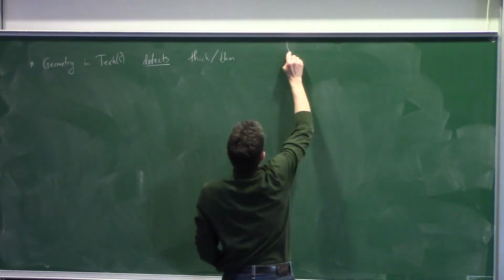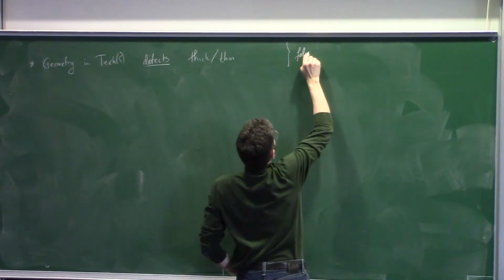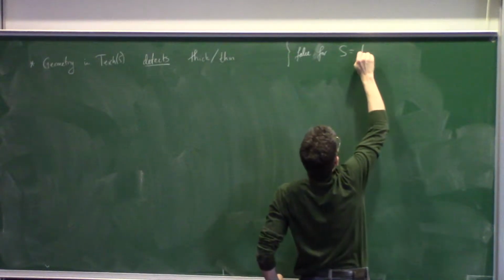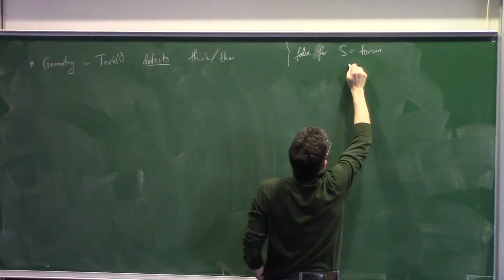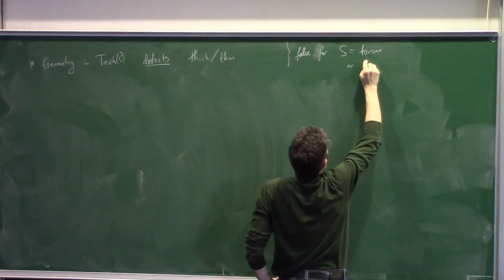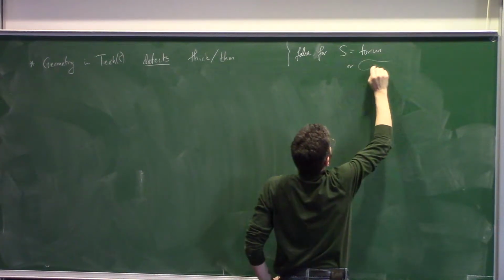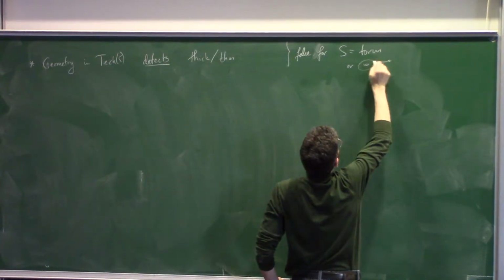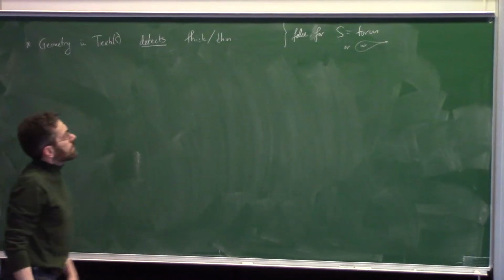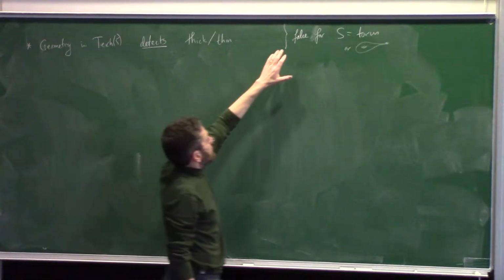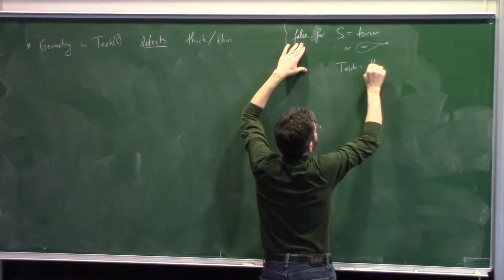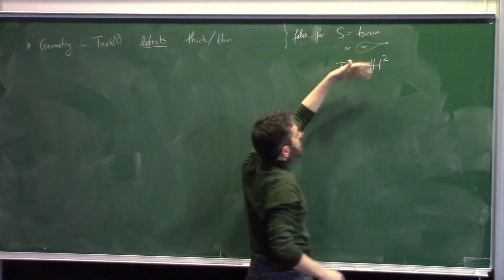So this is false for S equal to the torus, or the punctured torus actually, the surface with one puncture and genus 1, because in that case the Teichmüller space is H2, and H2 is completely homogeneous.